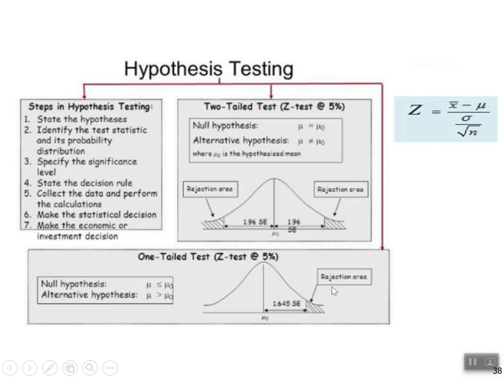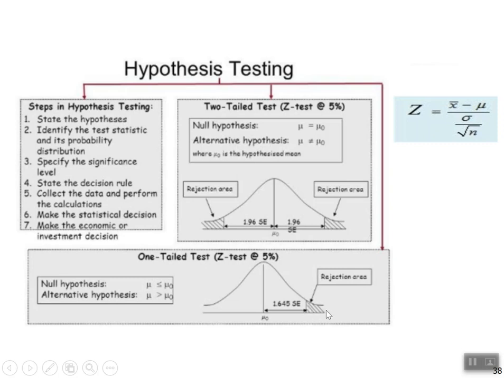Our rejection area is going to be on the positive side because our null hypothesis is that our sample is smaller. So if our sample is smaller, it should fall in this area. If the z-score actually falls into this area, that's a strong indication that our sample mean is greater than the population mean, not smaller. Therefore, for a one-tailed test, our rejection area will be here.